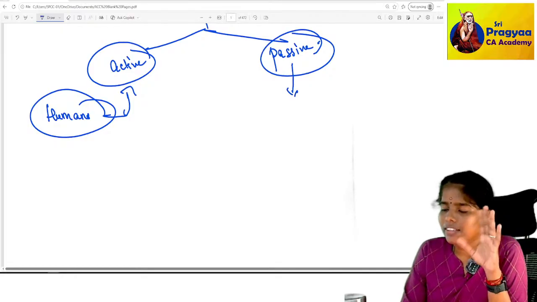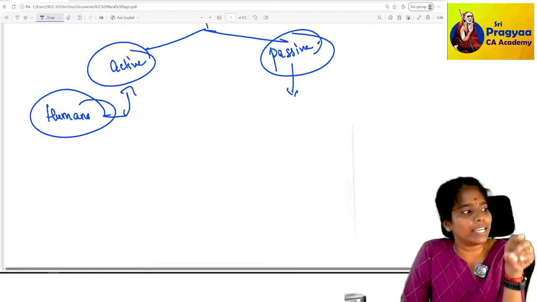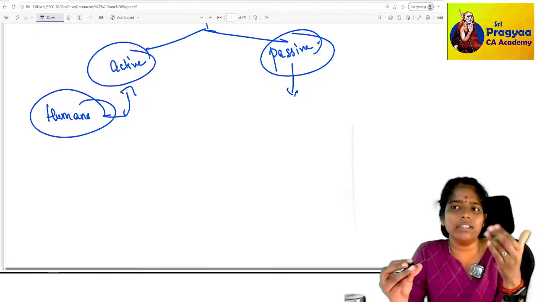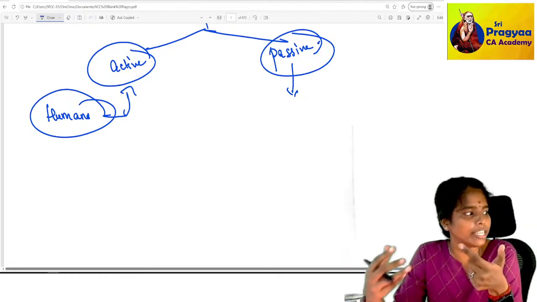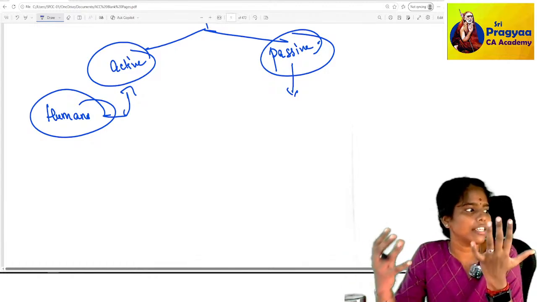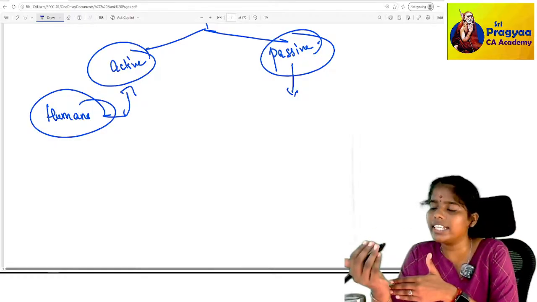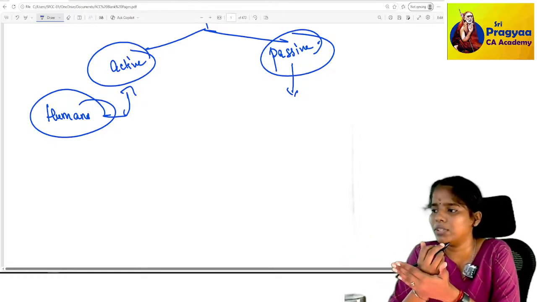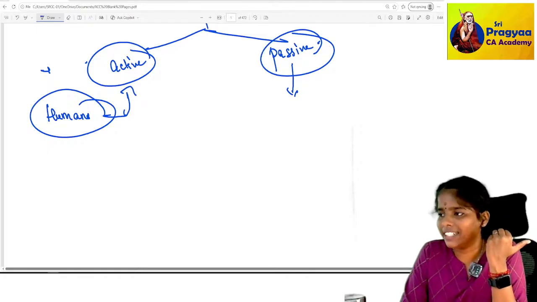Passive na, they do not act on their own. There has to be somebody who needs to act upon it. Land தானா போயிட்டு it cannot produce crops. I need to sow the crops, I need to water it, I need to regularly monitor it. Then only land will work. Land doesn't work for me. I have to work in it and then only I can create produce. So land is a passive factor.